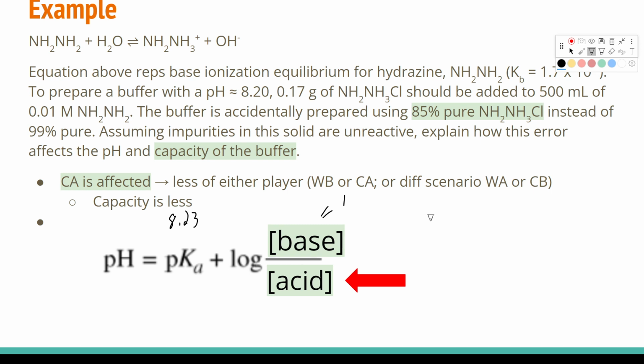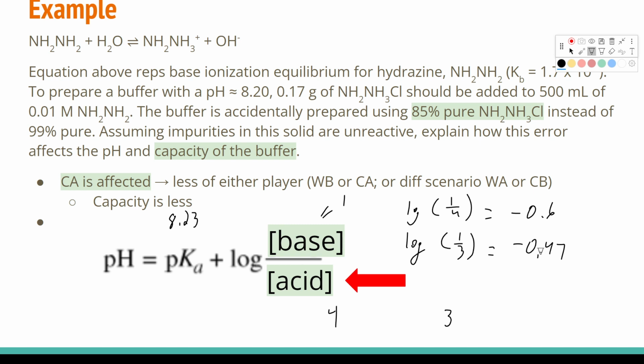So the original 99%, let's say that was 4, right? And then because it's 85%, you have less moles of it. So let's say it's just 3 instead. So we're looking at these two situations. And so if I take log of 1 divided by 4, that's about negative 0.6. If I do log of 1 divided by 3, that's about negative 0.47.